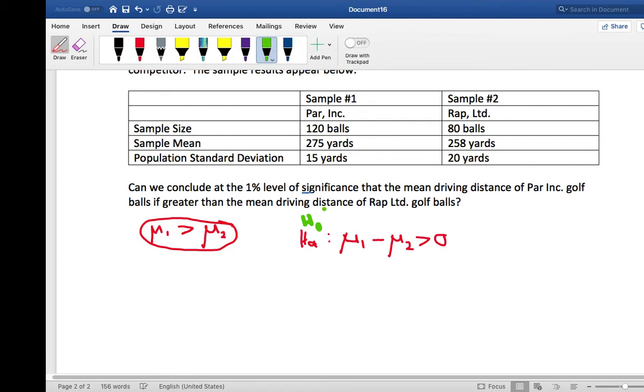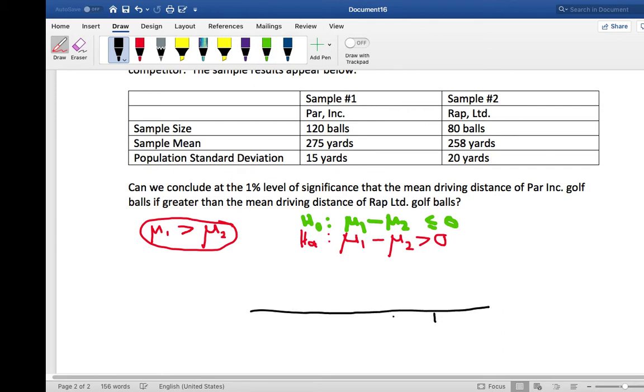H0 is the null hypothesis, and that's going to be mu1 minus mu2 less than or equal to 0. Remember, the null and alternative are opposites of each other, so it's either greater than 0 or it's less than or equal to 0.